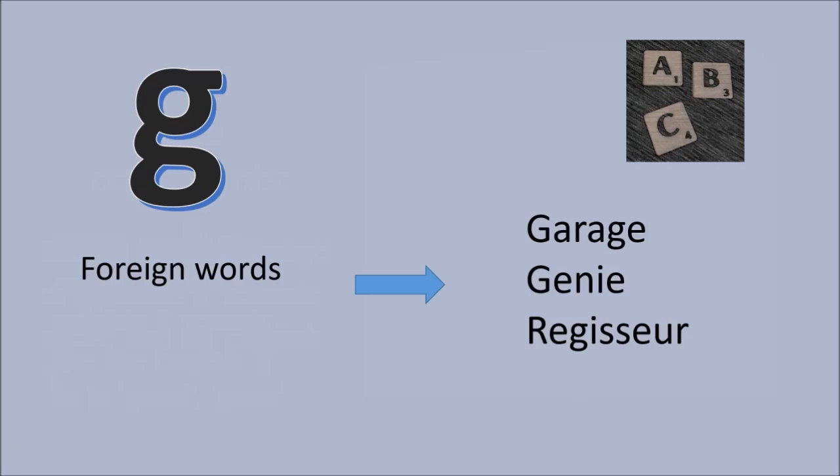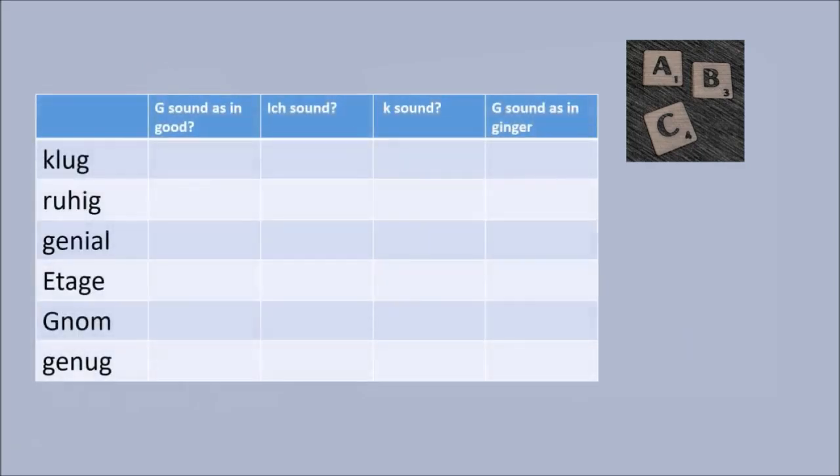Garage, genie, régisseur. So it's a bit like the ginger word in English. So your turn, quite a long one. Is it a g sound as in good? Is it an ich sound? Is it the k sound? Or is it a g like in ginger?